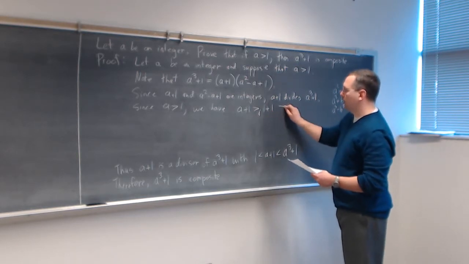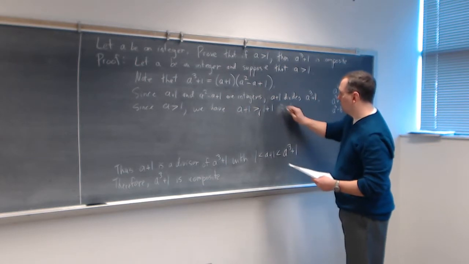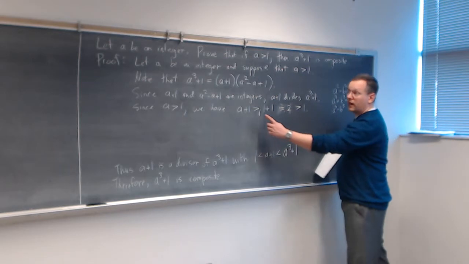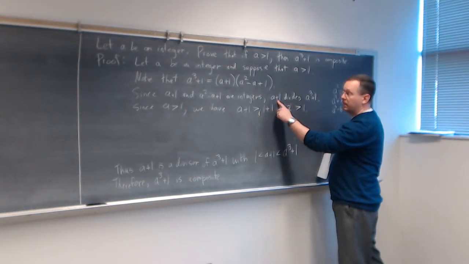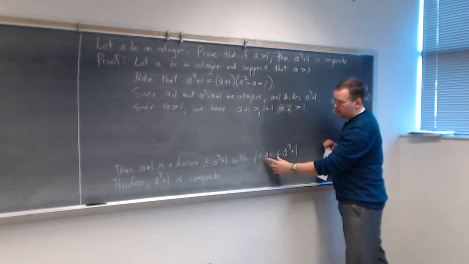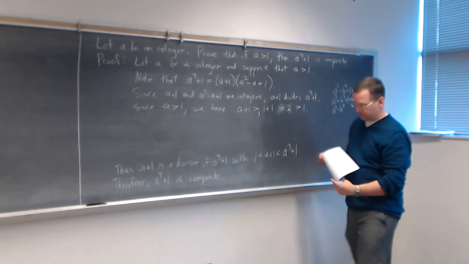And 1 plus 1 is clearly greater than 1. Well, I wrote equals 2, greater than 1. Okay, so that's good. So now I've shown that a plus 1 is a divisor of a cubed plus 1. I've also shown that a plus 1 is greater than 1. Lastly, I need to show that a plus 1 is less than a cubed plus 1.